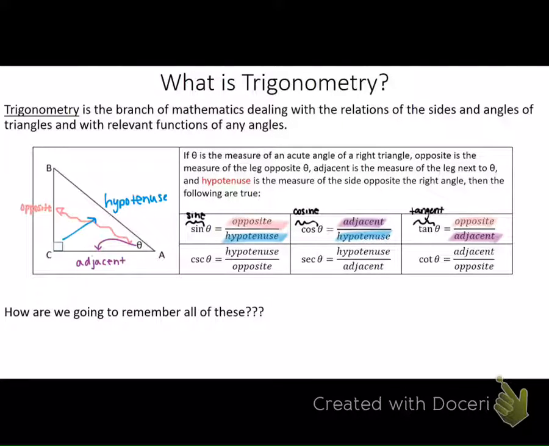So the reciprocal of sine is the cosecant, and that just means it's the flip of the sine. So you just flip the opposite and the hypotenuse. The secant is the flip of the cosine. So that means you just flip the adjacent and the hypotenuse.